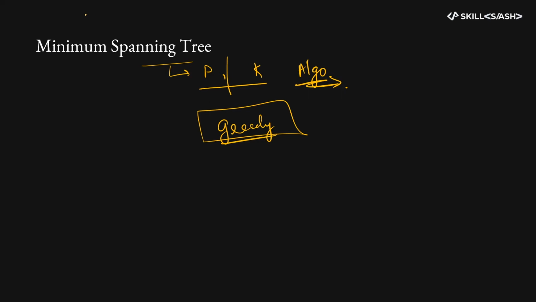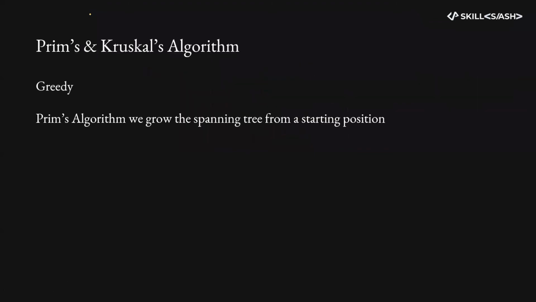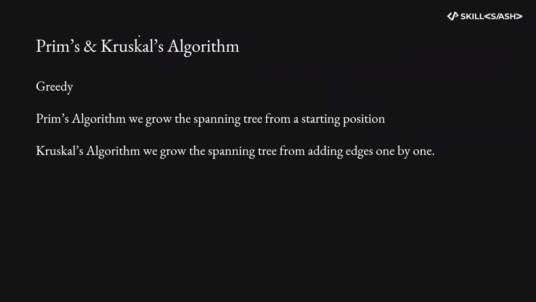The difference between Prim's and Kruskal's algorithms is very simple. They go with the same greedy approach, but the difference is this: in Prim's algorithm, we grow the spanning tree from the starting position.